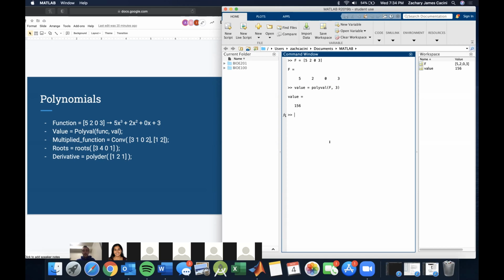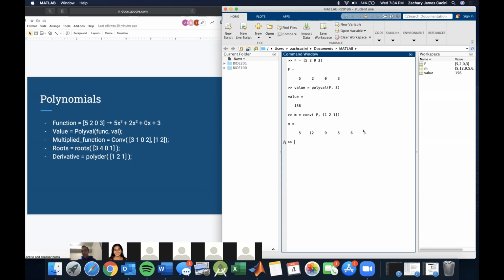And then you can also use the function conv, or convolve maybe is what it means, to multiply two functions. So we'll use conv. We can use f, comma, let's see, 2 1, and it gives us this huge polynomial.